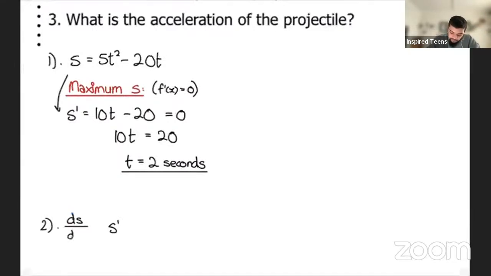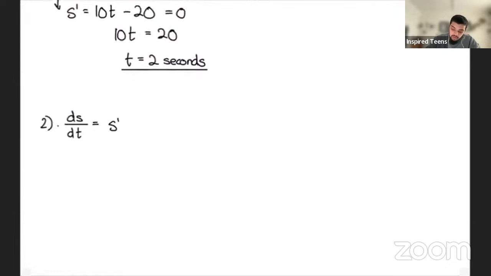Deriving displacement in terms of time gives you s prime, which is essentially velocity. So the equation for velocity is 10t minus 20.